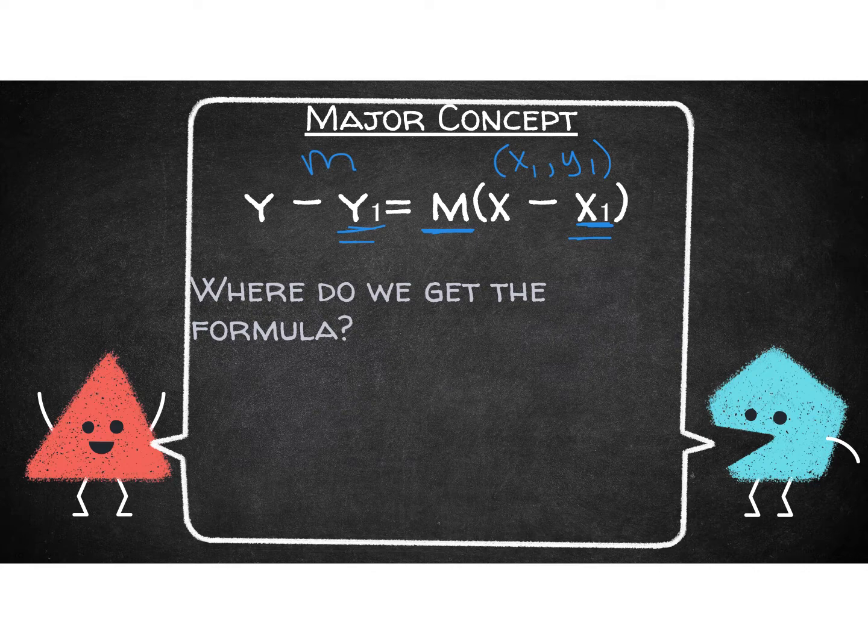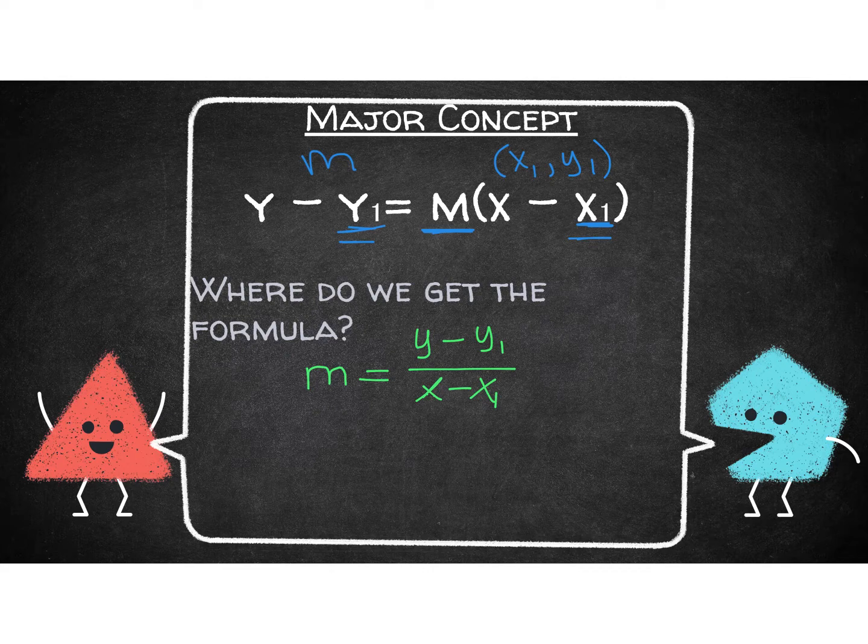Now, where does this formula come from? It actually comes from our slope formula. Okay, so if we have m equals y minus y1 over x minus x1, x and y is just a point, x1, y1 is just a point. So this is where the formula can come from.